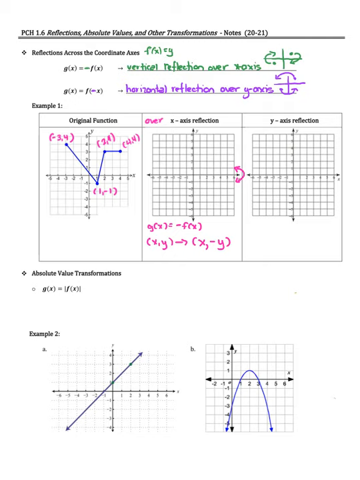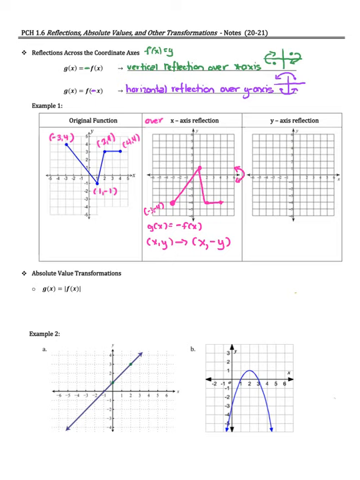So instead of negative 3, 4, I'm now going to have negative 3, negative 4. I'm not going to label all the points because that just takes time. 1, negative 1 is now going to be up here at 1, 1. And my 2, 4 and 4, 4 are going to become 2, negative 4 and 4, negative 4. And then we can just connect the dots. There we go. So that would be a vertical reflection.